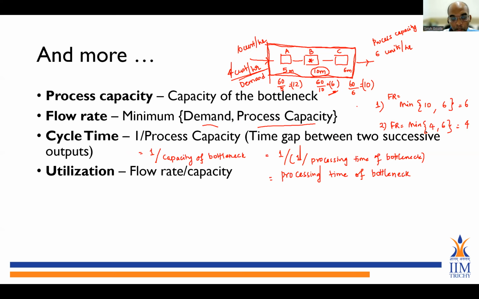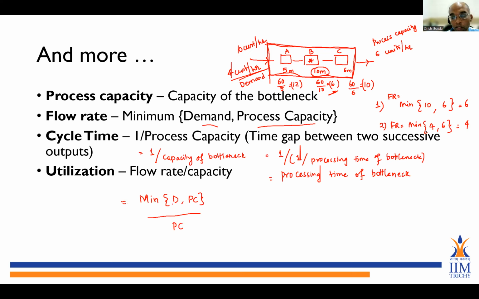The last metric which is of use to us is this concept called utilization. Utilization is flow rate divided by capacity. Now, what do we know about flow rate? Flow rate is nothing but minimum of demand, process capacity, and hence utilization is just going to be minimum of demand, process capacity divided by process capacity.